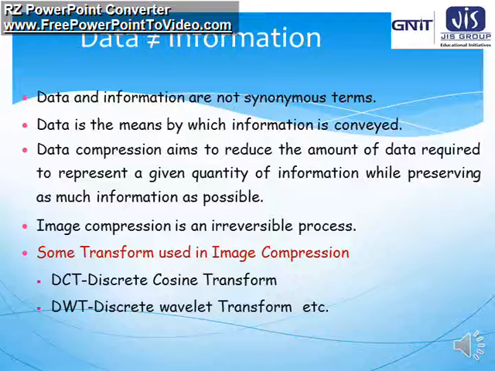So the original image cannot be 100% recovered after the image compression process. Some transforms used in the image compression process are DCT and DWT, the discrete cosine transform and discrete wavelet transform. These two transformation techniques are used for image compression.